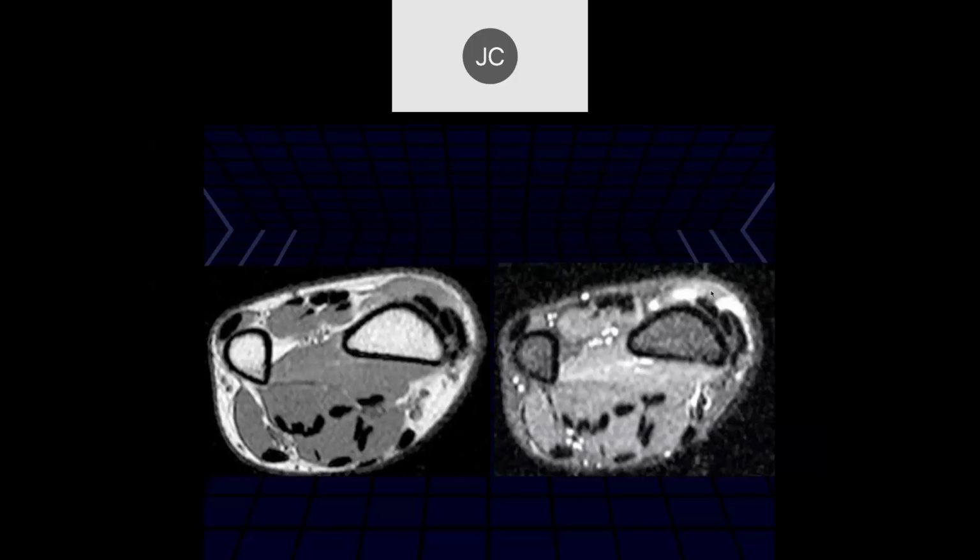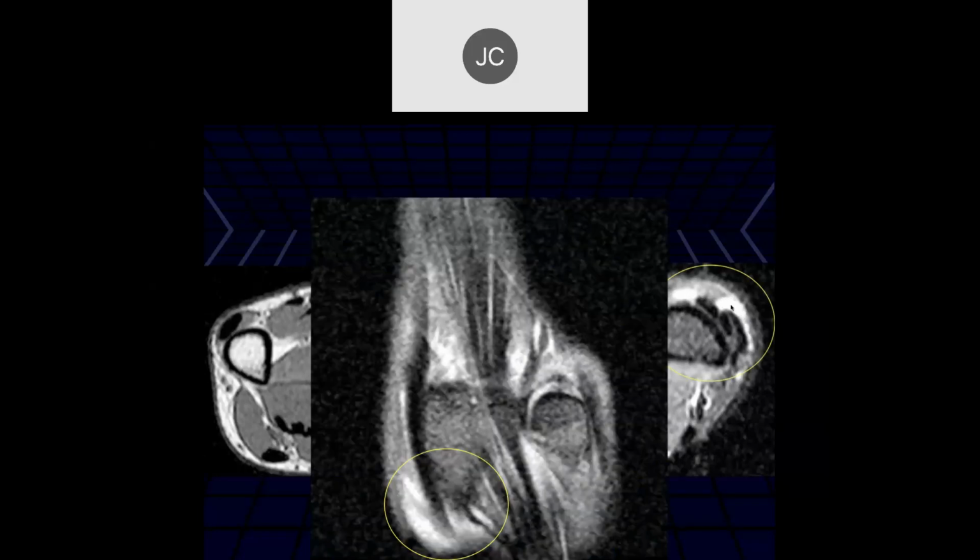And as you said, we can see fluid in this area, which is abnormal. I'm not sure you can say tenosynovitis. You can say that there's fluid there. Okay. And this patient had intersection syndrome. This is the more proximal of the 2, but the more common of the 2.